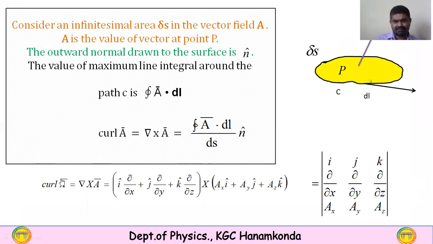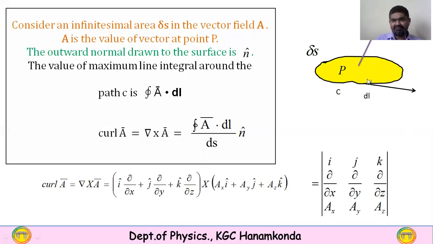Here, for the explanation, I have considered a small area of delta S. In the previous slide, I had taken a plane area. Here, I have taken a surface area, which has an area delta S. In this area, suppose we take a vector field A bar.